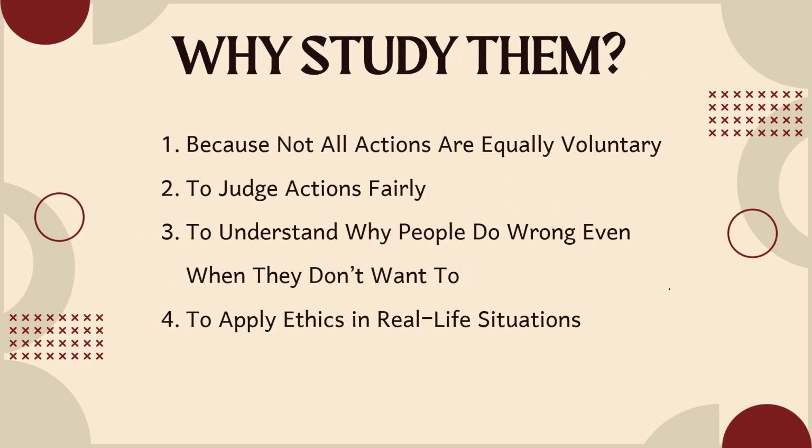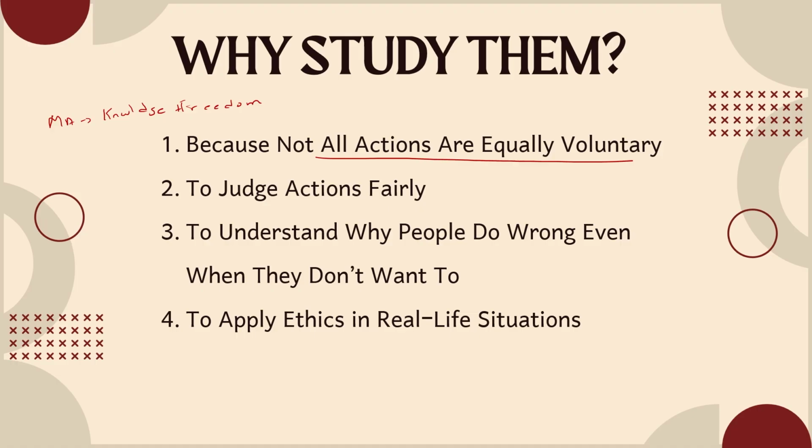First and foremost, because not all actions are equally voluntary. As we know, moral actions are based on knowledge and freedom. But in real life, people act under fear, force, habit, ignorance, or strong emotion.